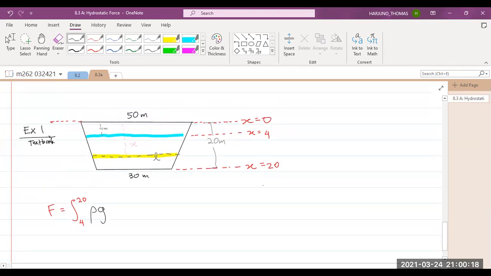Well, how deep is the water when the depth equals x? If this is the x, then the depth of the water at that point will be how deep it is.